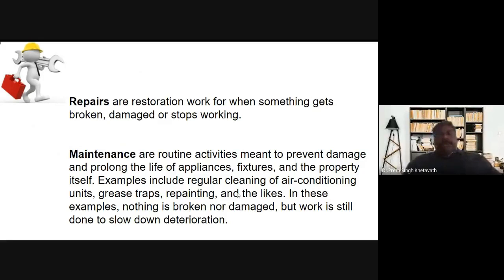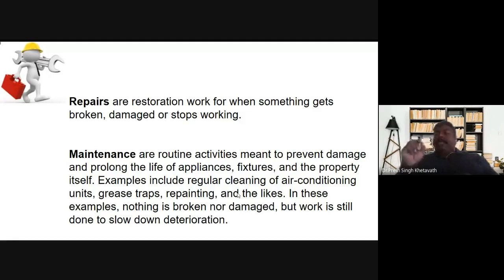But maintenance is routine activity meant to prevent damage and prolong the life of appliances, fixtures, and the property itself. Examples include regular cleaning of air conditioner units, greasing the taps, repainting, and the like. In these examples nothing is broken or damaged, but work is still done to slow down the deterioration.